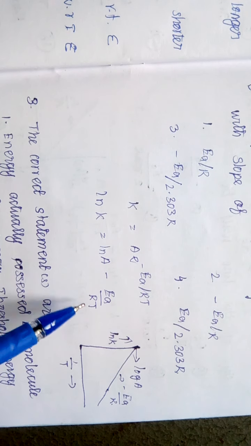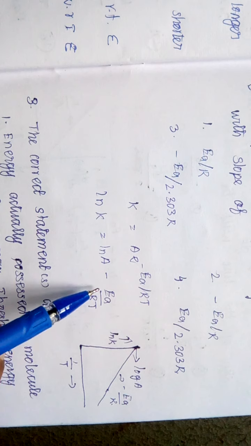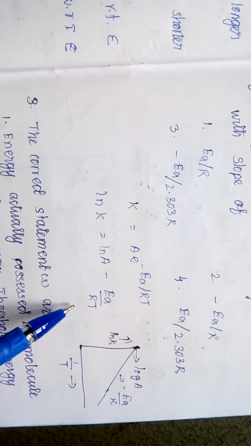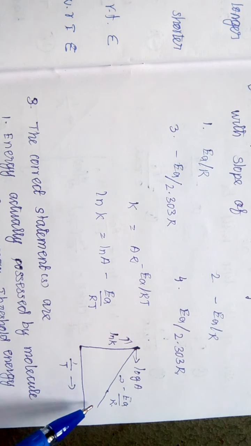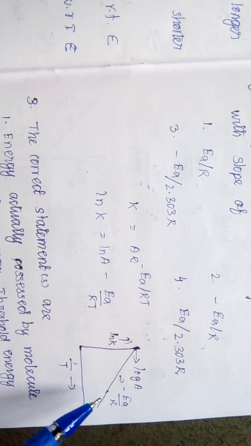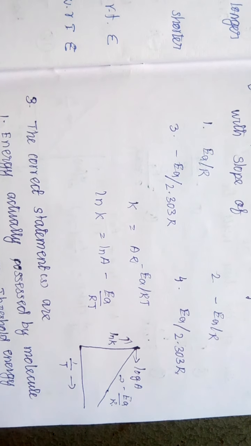We are plotting ln k against 1 by T, so m will be minus Ea by R. This is the slope of the equation. The slope will be equal to minus Ea by R, so it will be a negative slope, and the intercept will be ln A. Questions based on this will be given, and some analytical questions and calculations are also asked based on this.